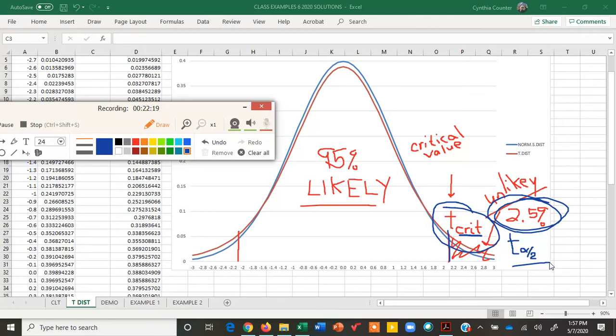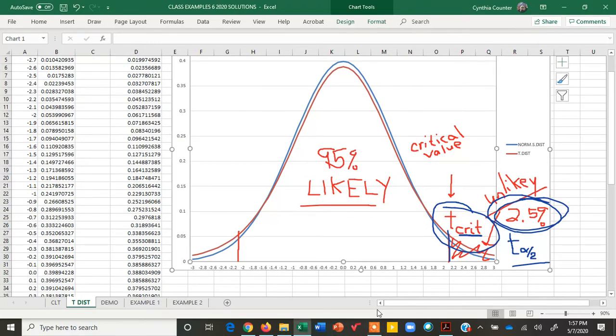When you have output from Excel, if you do built-in tests and it gives you critical values, they subscript them as crit. So T crit would be a critical value, and the t-score from your data would be a t-stat, as in a statistical value. But in the textbooks, we have T sub alpha over 2 for our critical values.